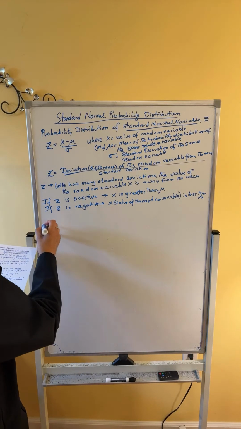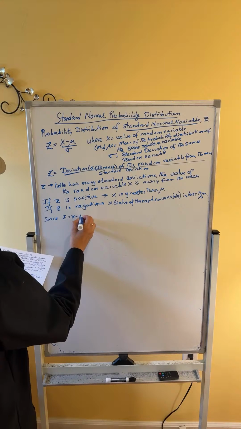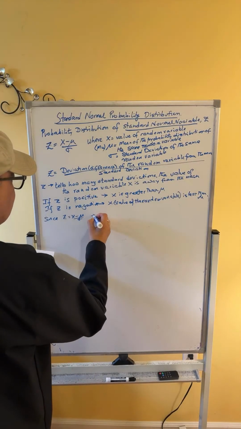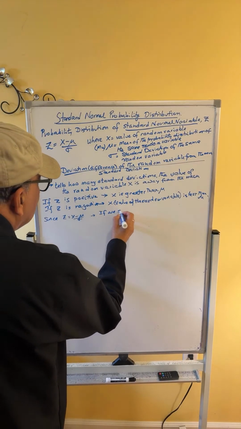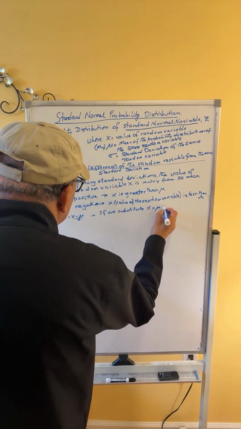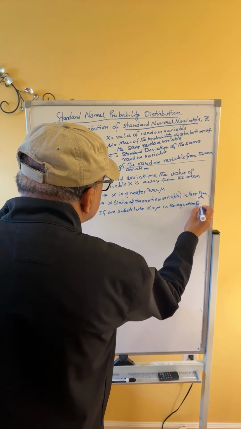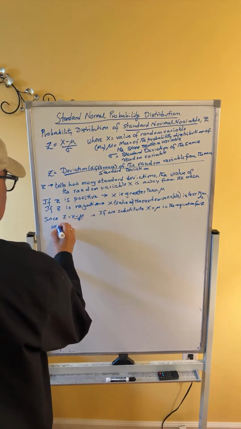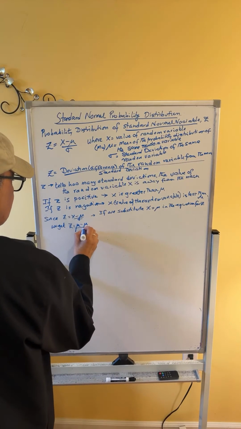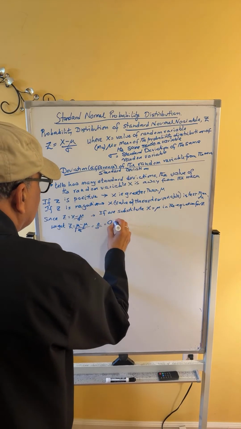Since z is equal to x minus mu divided by sigma, if we substitute x equal to mu in the equation for z, we get z equal to mu minus mu divided by sigma, which is 0 divided by sigma, equal to 0. What does it mean?